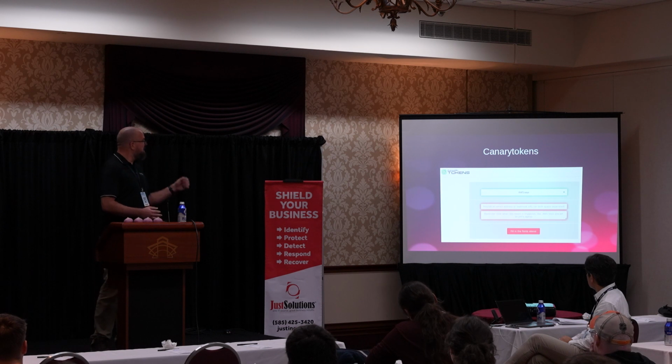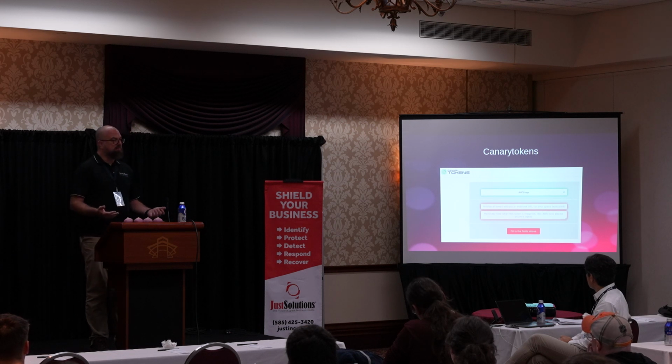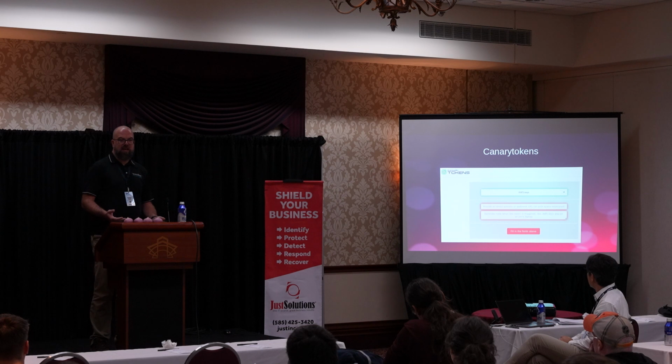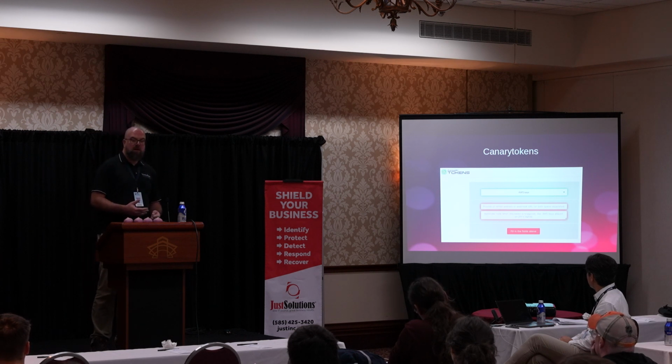If you're making these AWS keys, why not generate a set for every developer laptop in your environment and push them out? And then when one of those laptops gets pwned and the adversary tries to use the AWS credentials that they think are legitimate that are cached on there, you'll know exactly whose laptop it was, right? You can get that granular, but it requires a little bit of preparation beforehand so that you can build these designations into the tokens.